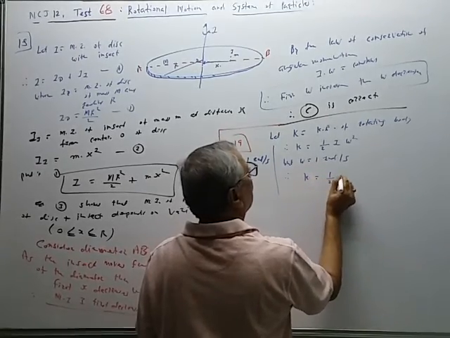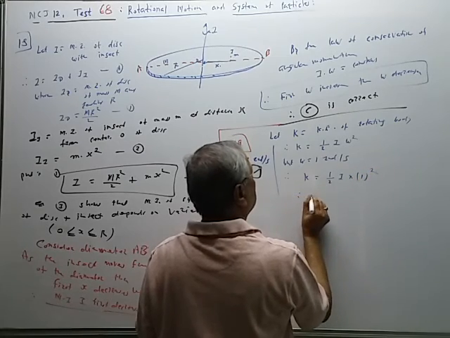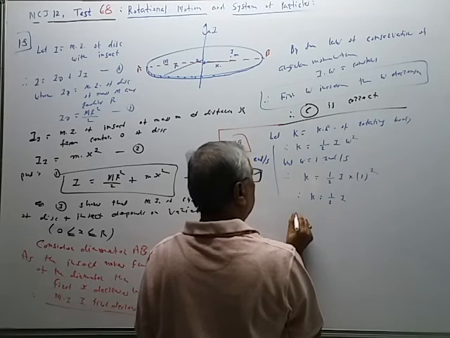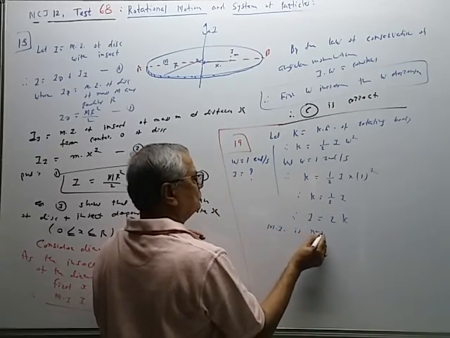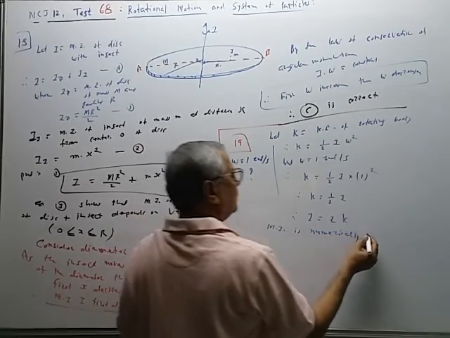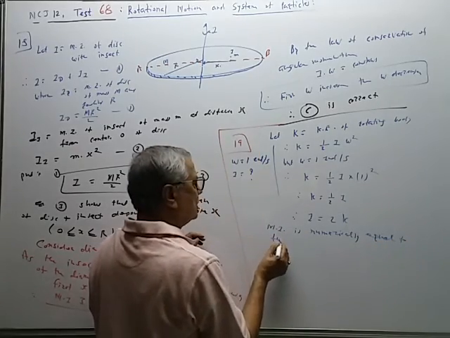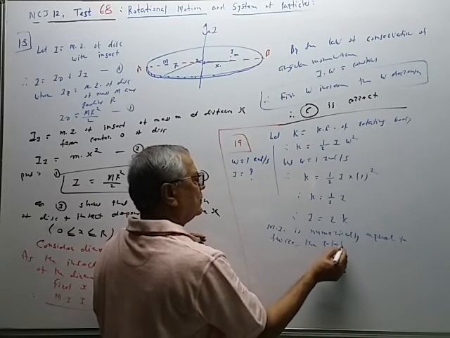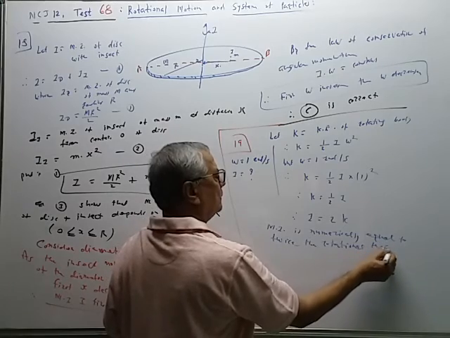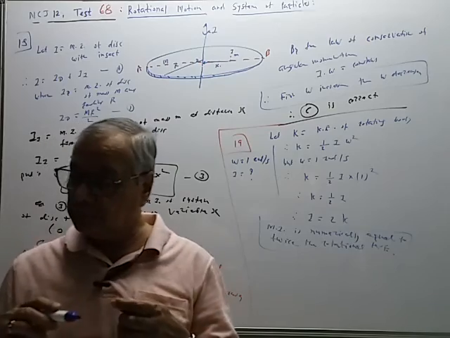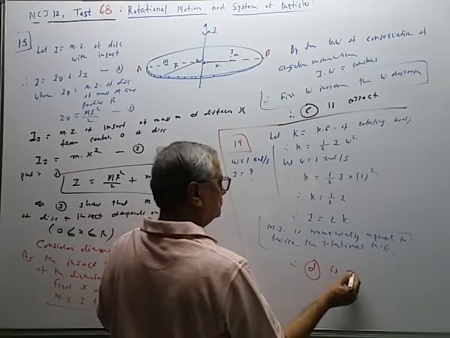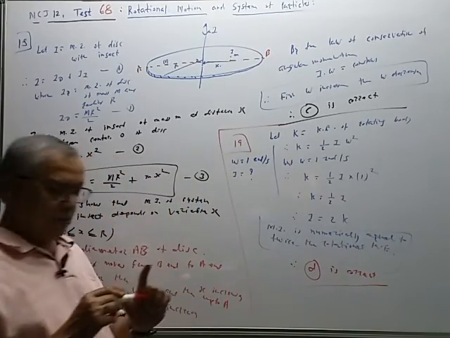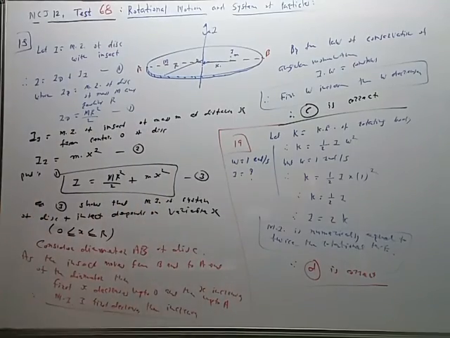Therefore, K is equal to 1/2 I multiplied by 1 square, so K is equal to 1/2 I. Therefore, I is equal to 2 times K. MI is numerically equal to twice the rotational K. So D is correct.